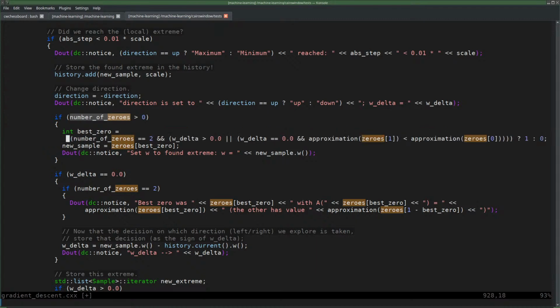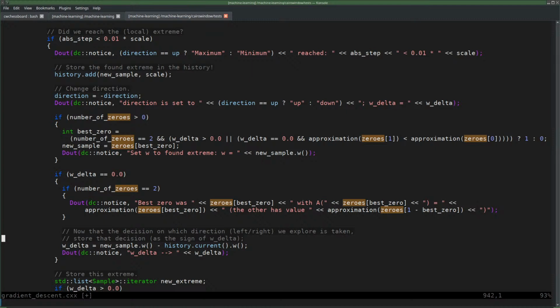Base 0 is, oh, it fits on one line. So now in order to pick the 1, also the number of zeros must be equal to 2. And otherwise, well, we have at least 1 zero, and then we just set it to 0, and we pick that zero, and then we use it. And then we don't print that, but we still have a base 0, and we still set it here. So we just set W delta then.